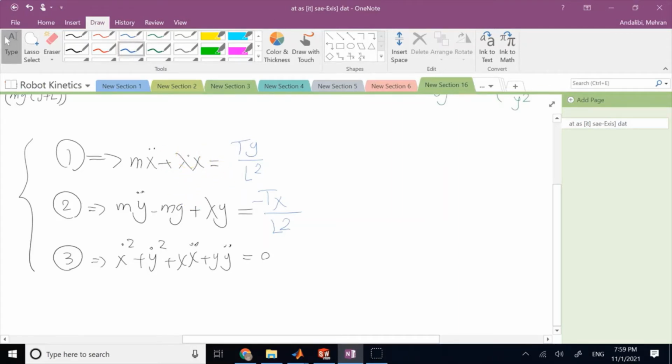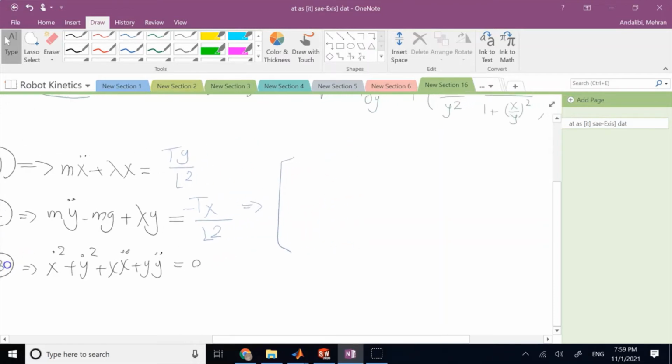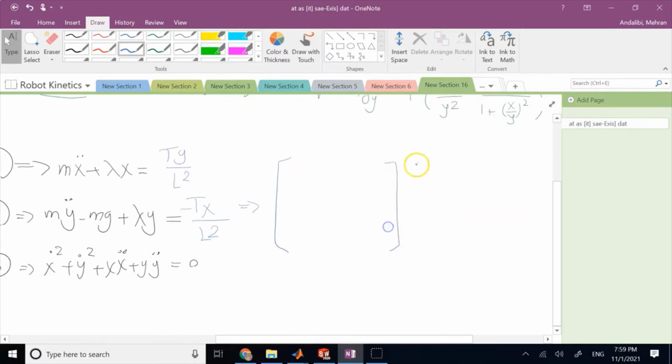But let's see if we can get rid of this lambda from these equations. Or, as I said, you can write your equations into the matrix format and solve for it.